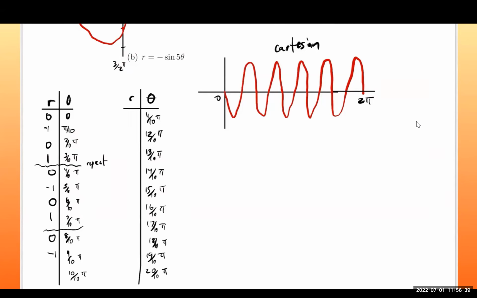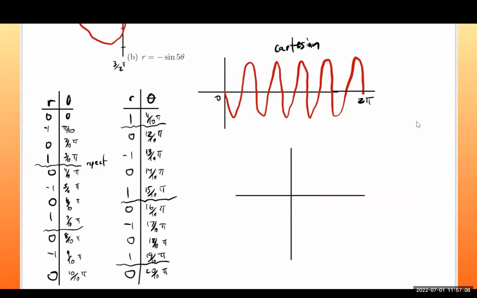So 0, -1, 0, 1, and then it just repeats again. 0, -1, 0, 1, 0.